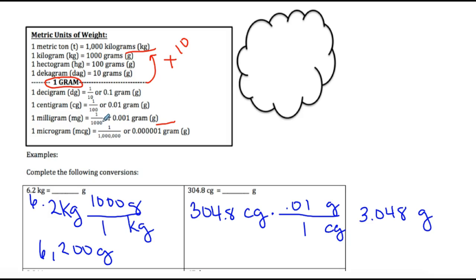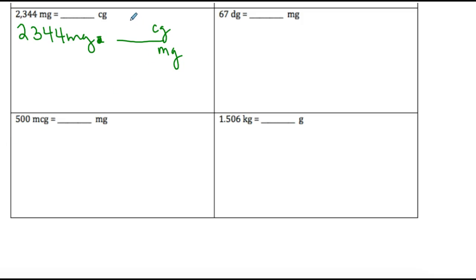But if we think about the difference between 1,000 and 100, it's a factor of 10. You can see that it has an extra 0. Even here in the decimal, it has an extra 0. So what that means is every centigram has 10 milligrams in it. So, right, 1 centigram has 10 milligrams. So this would be 234.4 centigrams.